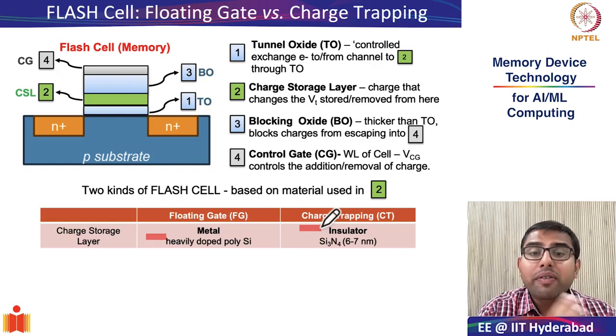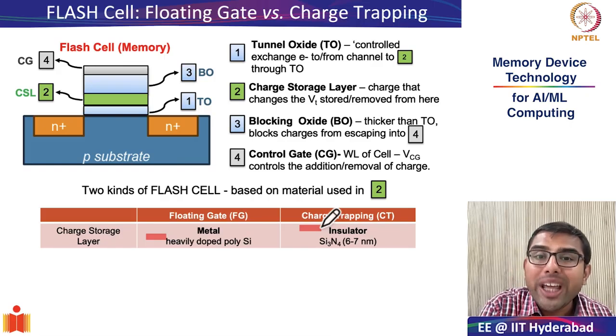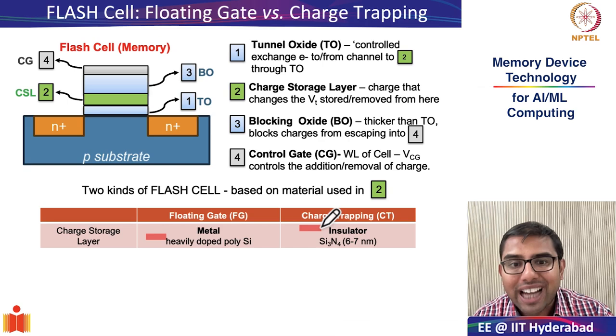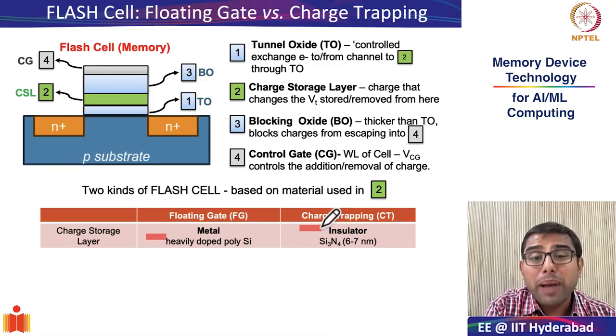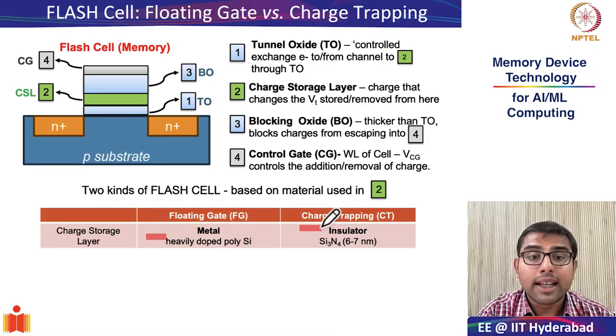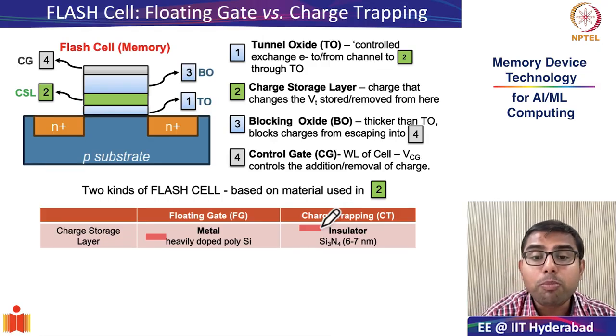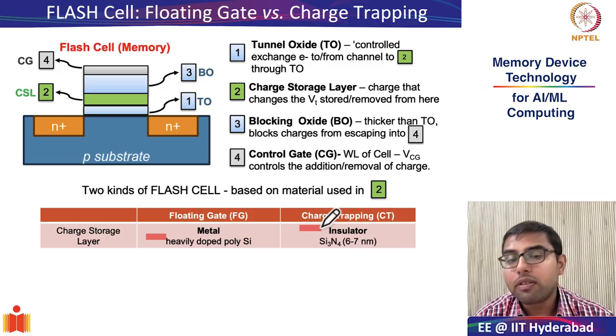So as we will see, when we go from 2D to 3D flash, we will see how the floating gate is more useful. It's a simpler implementation, but it becomes very difficult to scale the floating gate flash cell. So that is why we start moving towards the charge trapping flash cell.